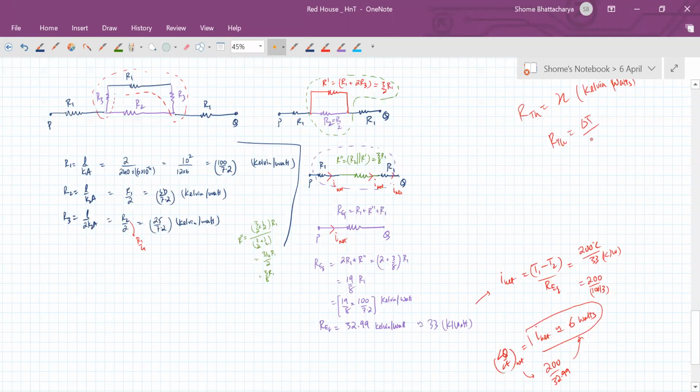Temperature difference divided by thermal current. So temperature difference is in Kelvin and this is in watts. So temperature difference in Kelvin is the same thing as temperature difference in degrees. Got it, no? Yeah.